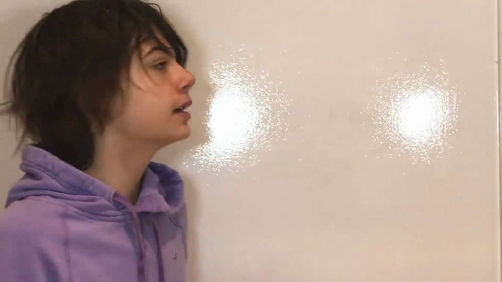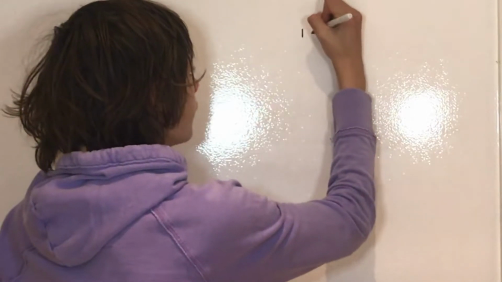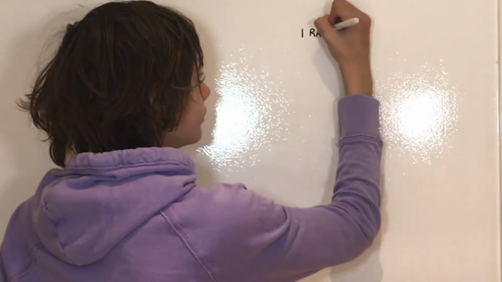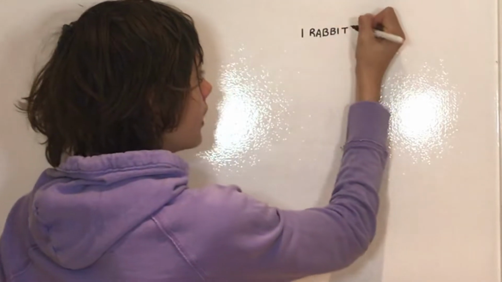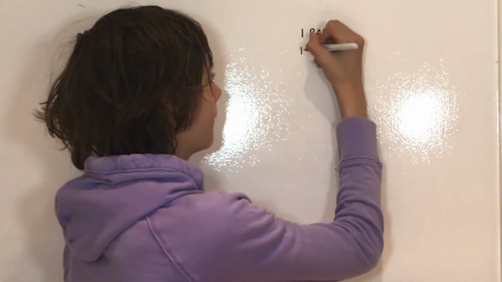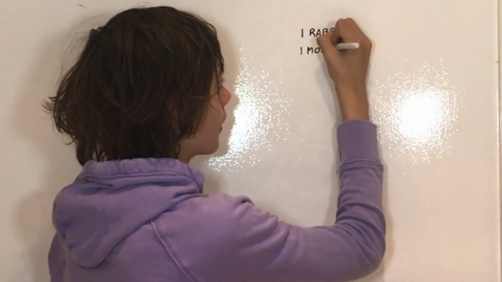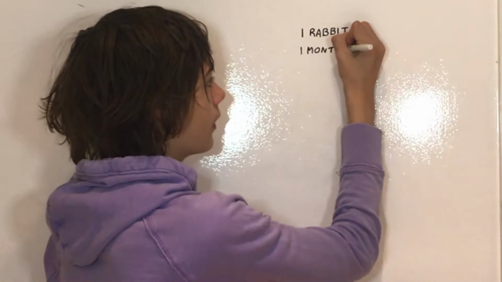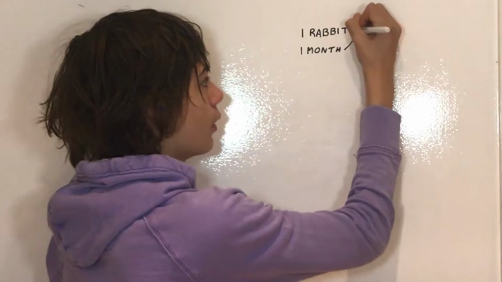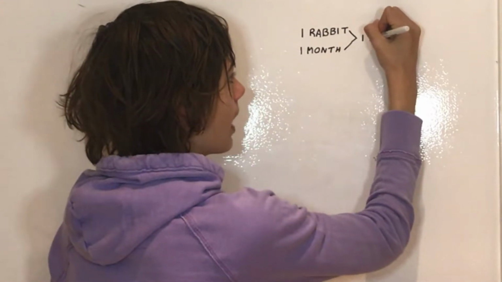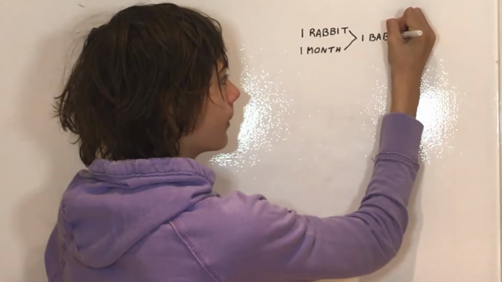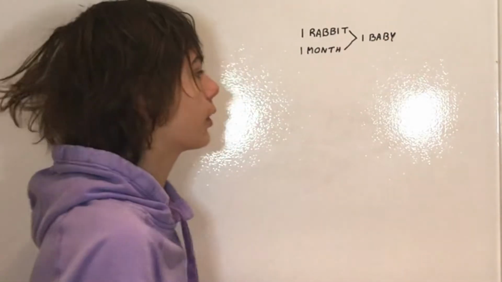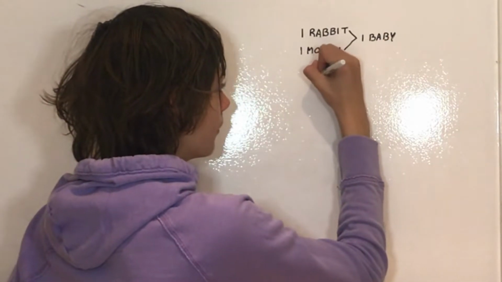Now the rabbit problem states that you have one rabbit and that every 1 month it makes one baby rabbit. So let's say you start off with one baby rabbit.